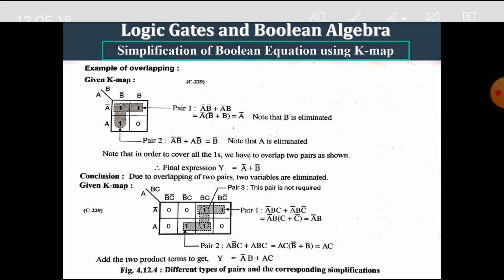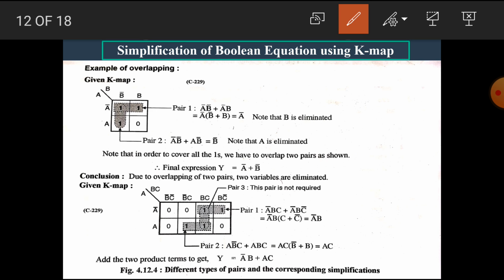Okay, let's see some examples here. Here a two variable Kmap is shown, in which there are 3 ones and 1 zero, hence we make two pairs here. This one is a pair and again this one is a pair. The pairs or the grouping may overlap each other.